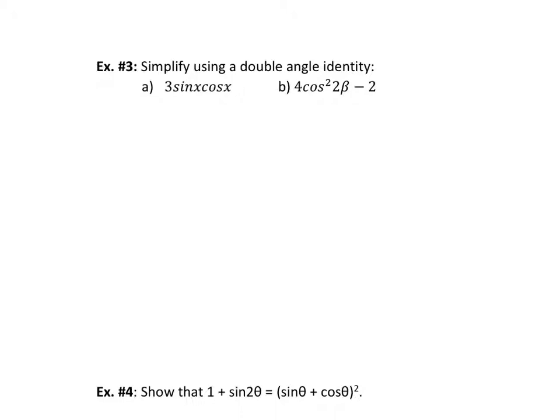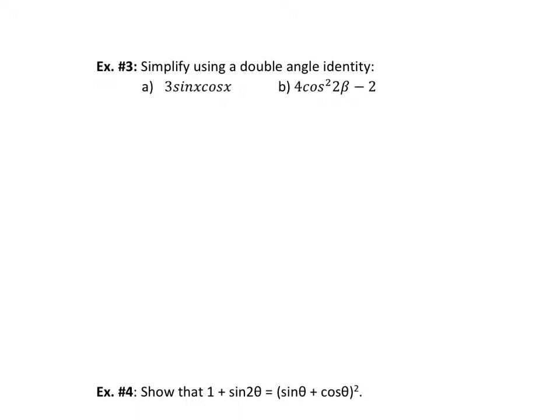Or like A, where it is one term, a monomial, then you can produce a double angle formula that will help you make the formula more simple to work with. Does that make sense?